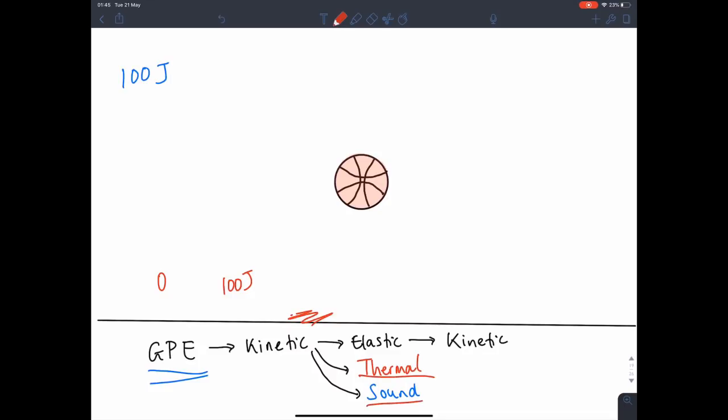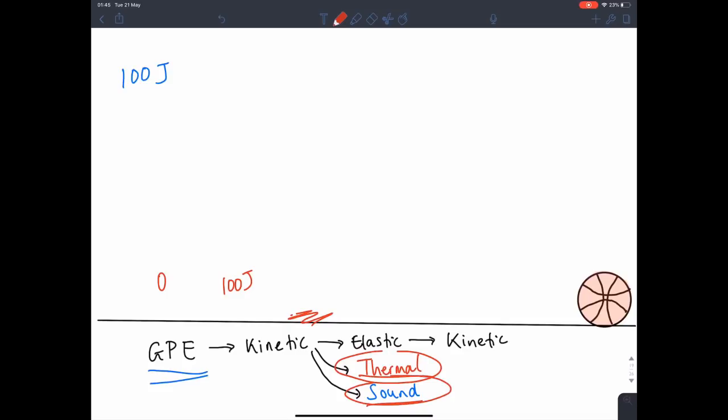So again, as the ball is going back up, the elastic potential energy turns into kinetic, which is why it's going up, and this cycle keeps on continuing, and eventually the basketball doesn't go up anymore. And the reason behind that is because every time it bounced, a lot of energy was wasted as thermal and sound, and over time the amount of energy remaining reduced to close to 0.